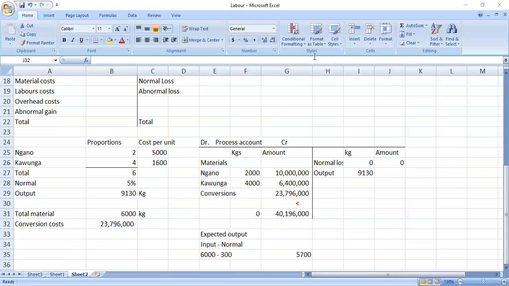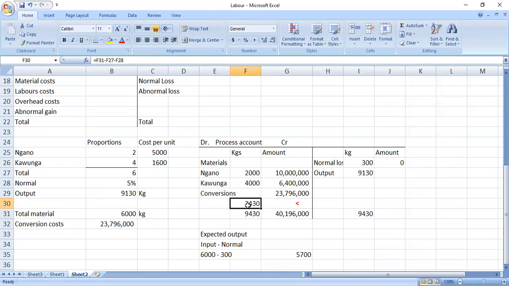All right, so I was still saying, my normal loss was 300. When you add this side, the total is that. For the sides to balance, always balance your kgs or units first. So it's this minus this and this.